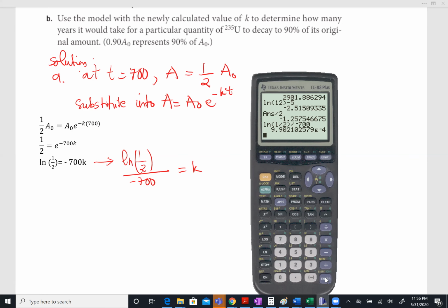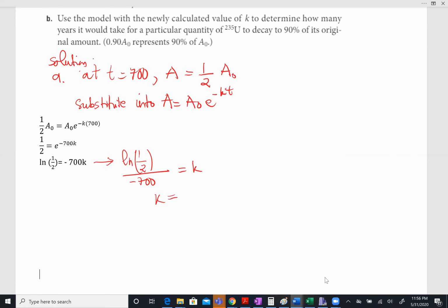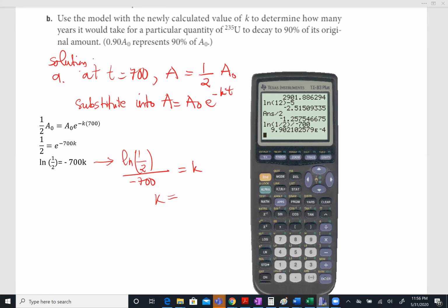So I need to write k as equal to, let me click this to see.